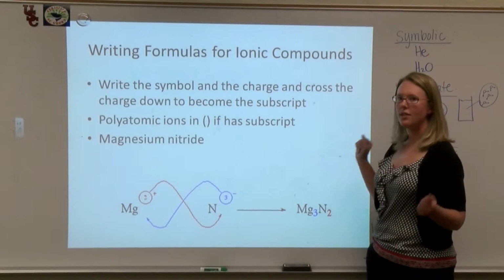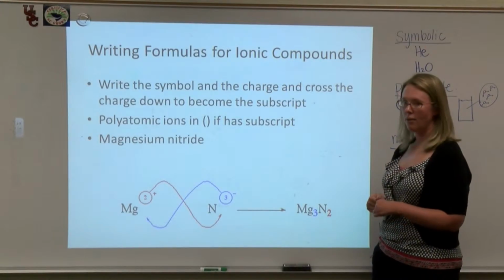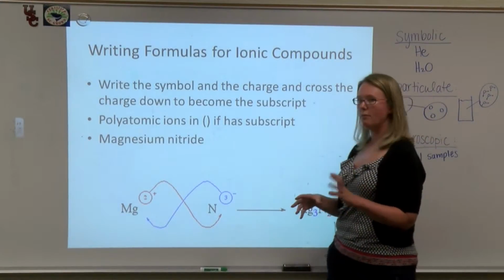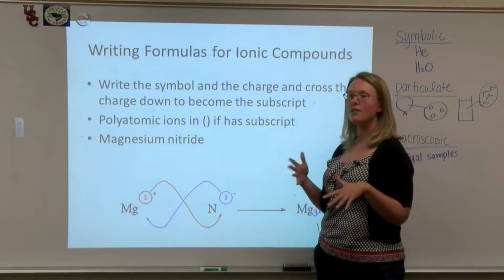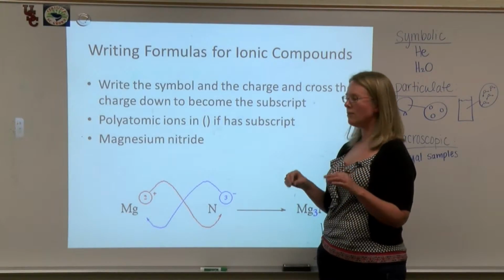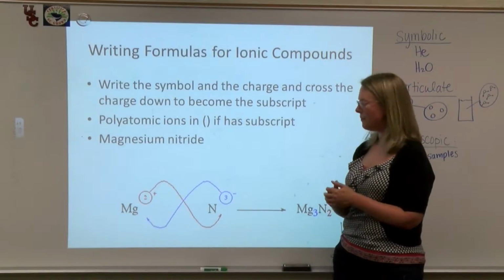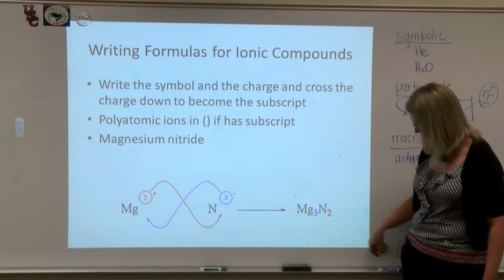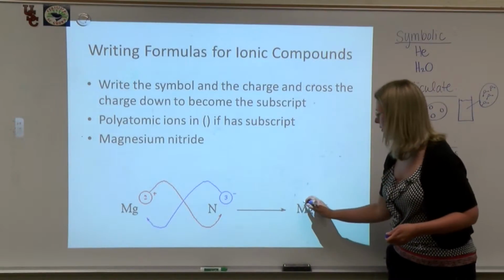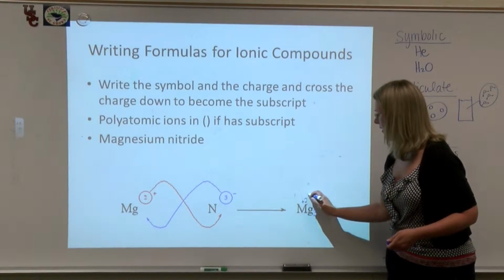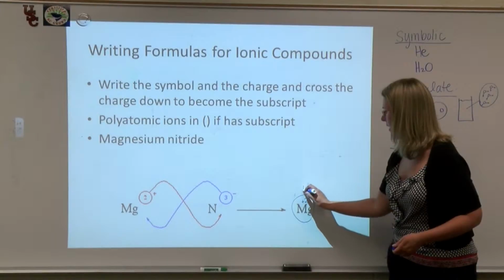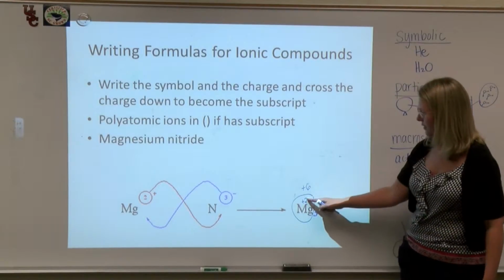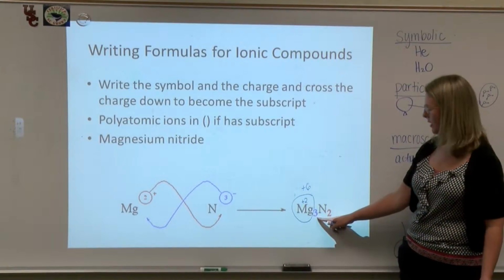That method works every single time. And the reason why it works is this. Remember we talked about before, to figure out those charges on the transition metals, everything has to equal out to be 0. So if you look at your formula here, if we have 3 magnesiums, which are each +2, that's going to give us a +6 charge, right? 2 times 3, +6.